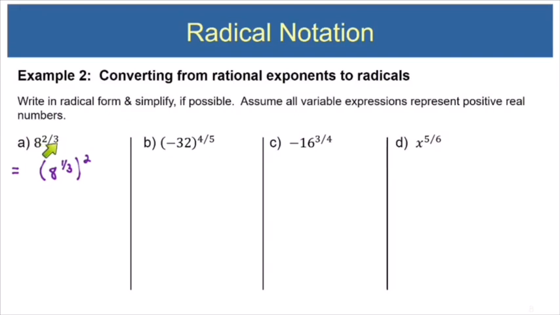Remember how we separated this exponent into 2 separate exponents? The reason I wanted to do that is because now you can see that 8 to the 1/3 is going to be 3rd root of 8. And then this square will carry down here. So 8 to the 2/3 becomes 8 to the 1/3 raised to the 2nd. And that becomes 3rd root of 8 raised to the 2nd.